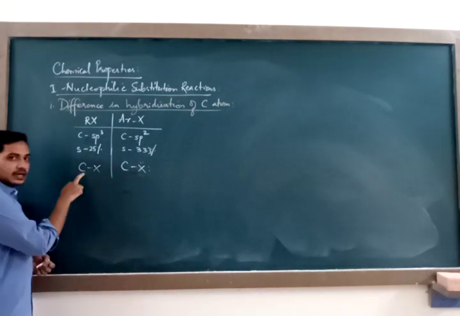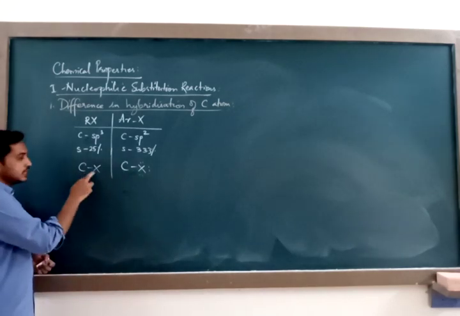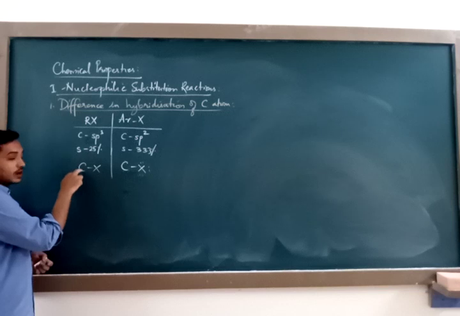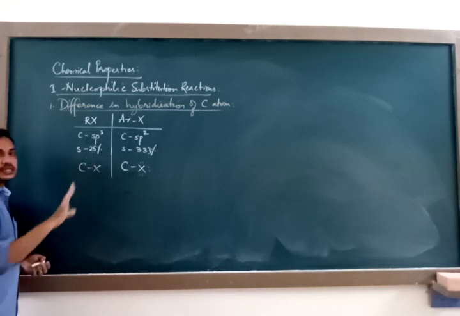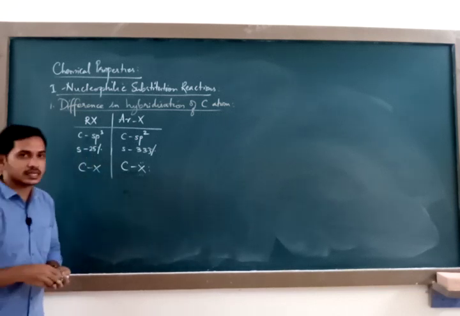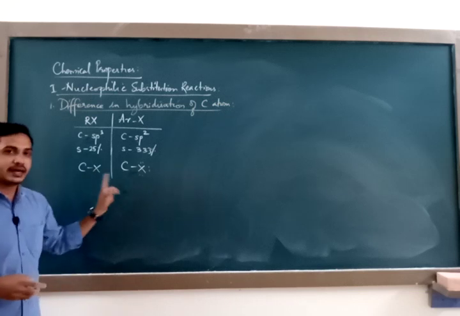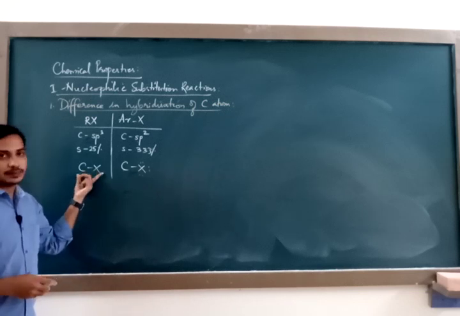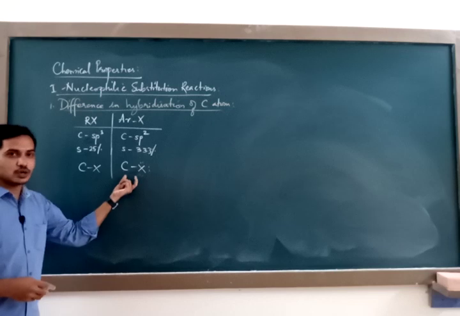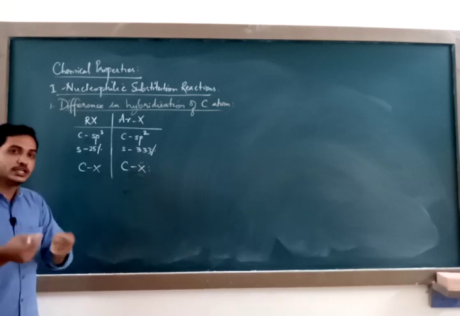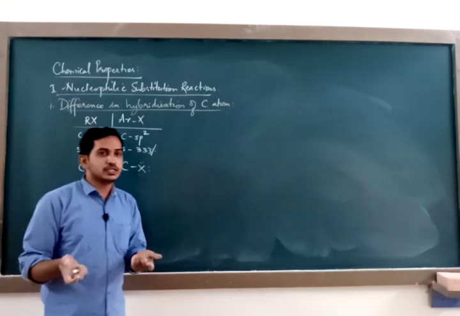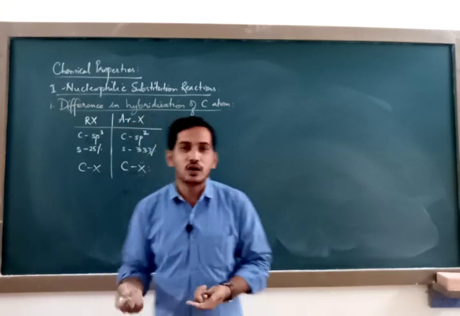Whereas in haloalkanes, the C-X bond, the carbon has only 25% s character. Therefore, on comparative grounds, this bond is longer. Here the bond is shorter. Longer the bond, easier it is to break. Shorter the bond, difficult it is to break. Which one has a stronger bond?